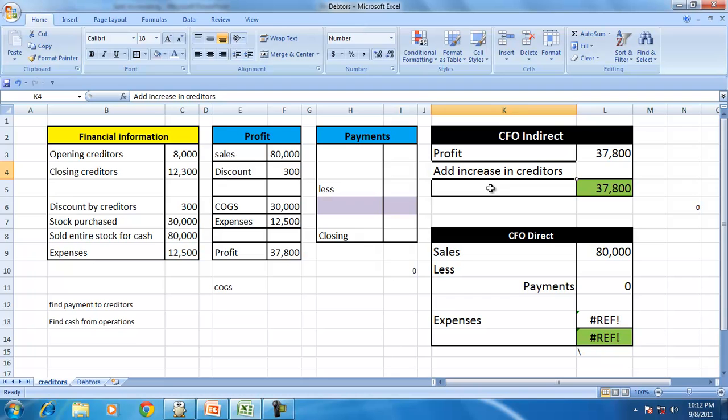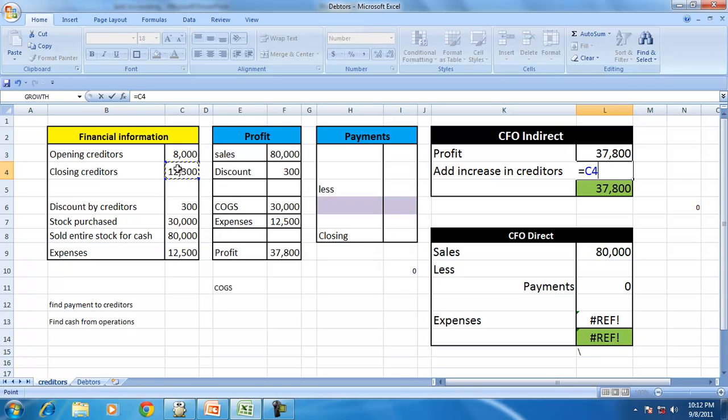Here we are only concentrating on one of the items, that is the credit transaction, and that too on the changes in the creditor. And the creditors have increased. So creditors have increased means you have purchased the goods on credit. So part of the goods which you have shown as an expense here, it's possible that you have not paid money for it. So therefore it is added back.